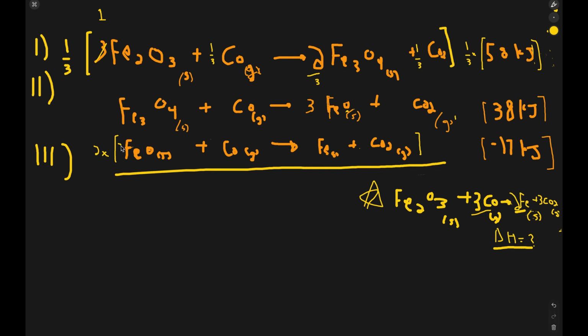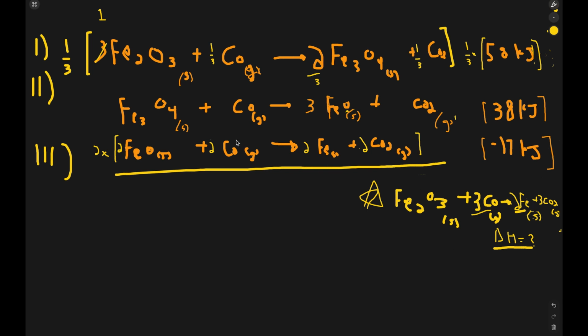So then we have 2 FeO plus 2 CO, which makes 2 Fe plus 2 CO2. Now, let's look at the second equation. Sorry, let's look at carbon monoxide.